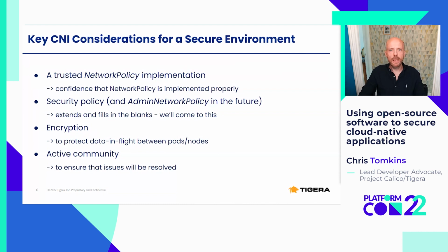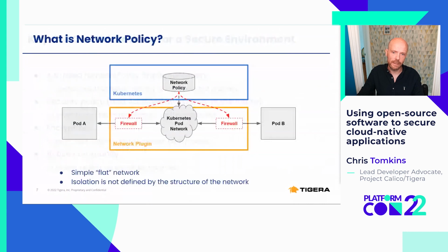And you're also going to want a CNI that has an active community to ensure that issues will be resolved and that you have a community that you can learn from, share learnings and so on, and have some confidence in numbers. Now note that I think Calico does a good job of meeting all of these expectations, but I think this is a great list to compare any CNI that you're evaluating for a secure environment against.